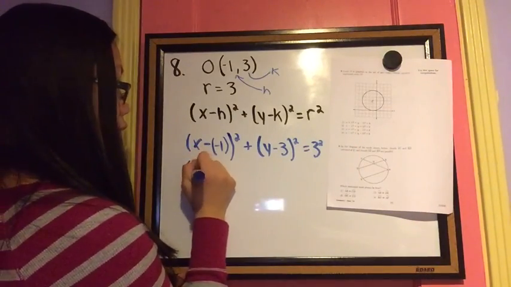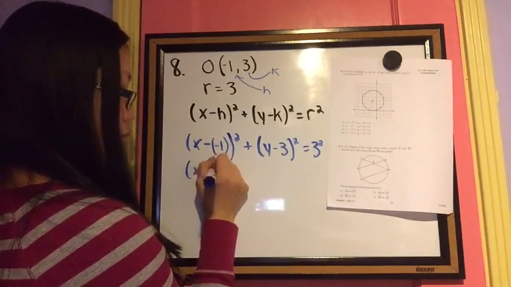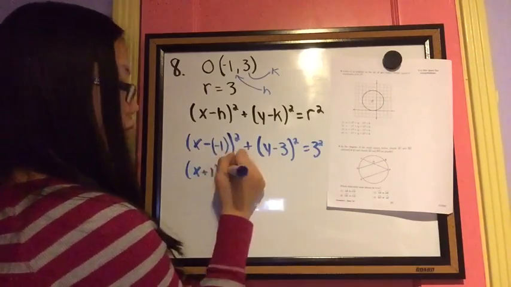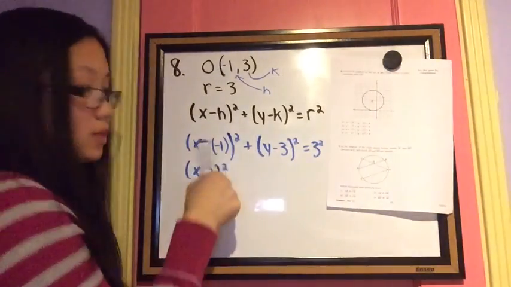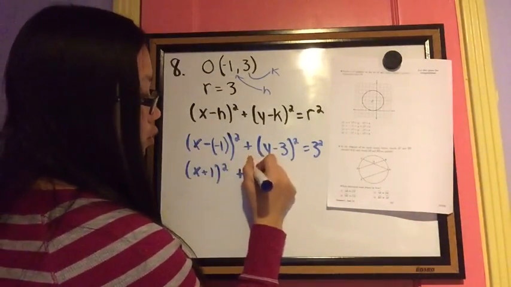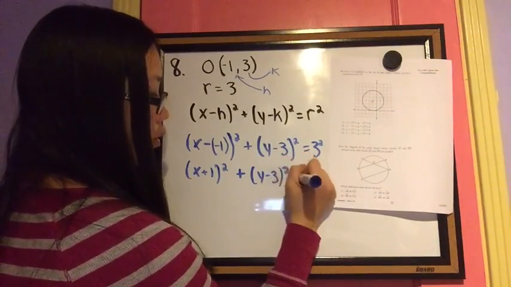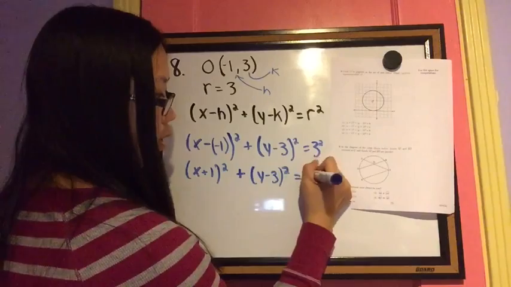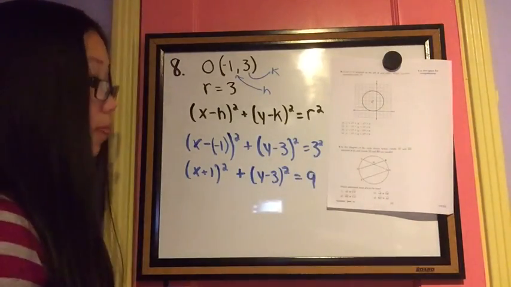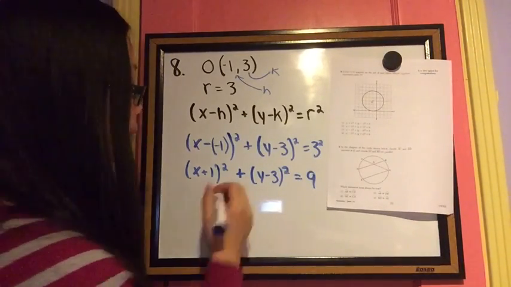So x plus 1 squared, then minus a negative is positive, plus y minus 3 squared is equal to 9. And that is your answer, which is answer number 1.